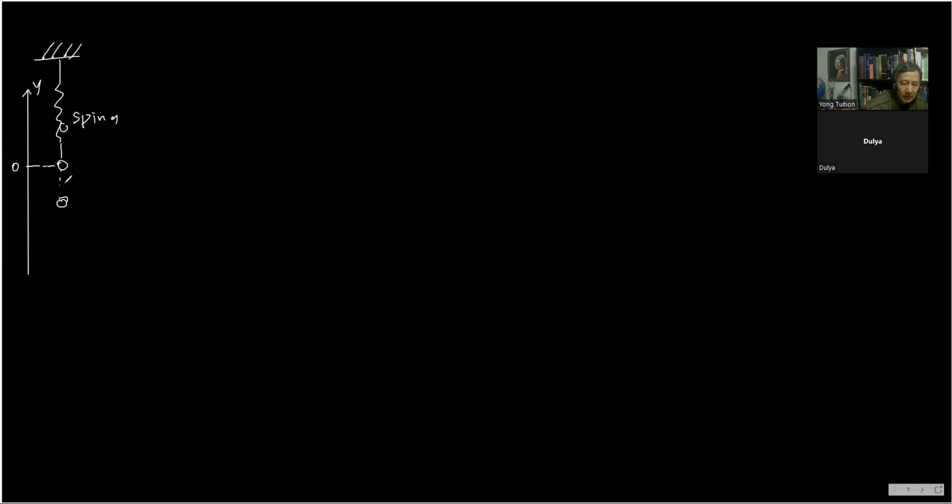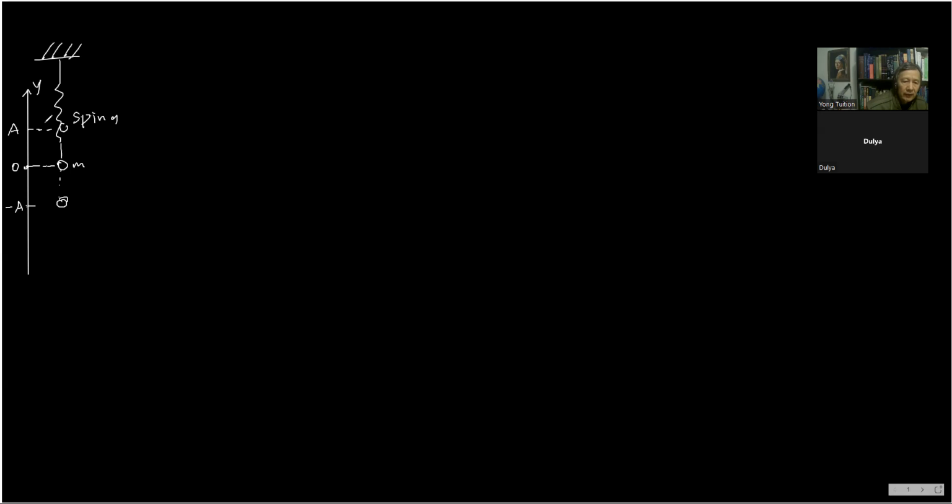If you push it downward without any velocity, that would be the negative amplitude. The maximum velocity would be relative to the origin. This is the mass m.